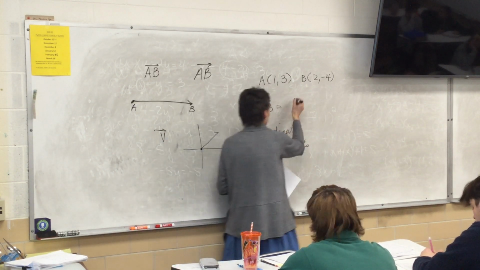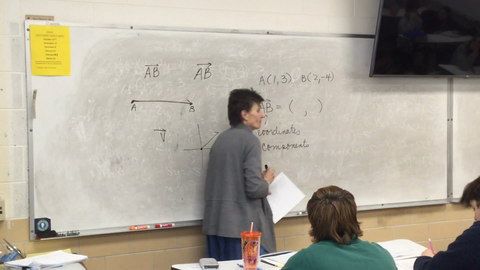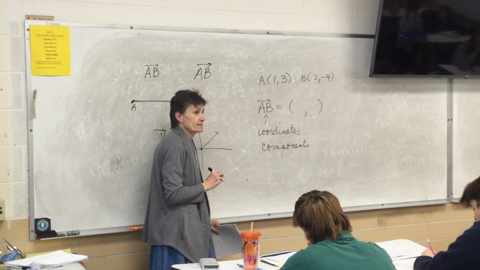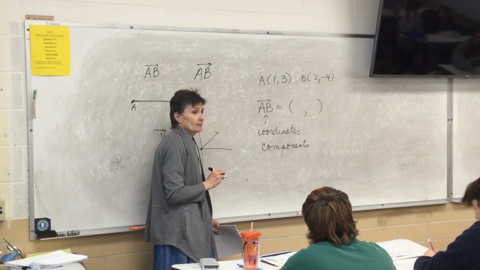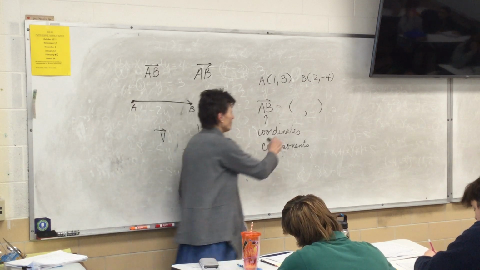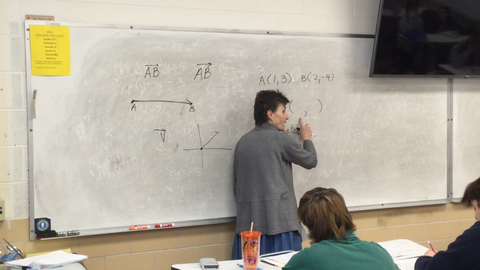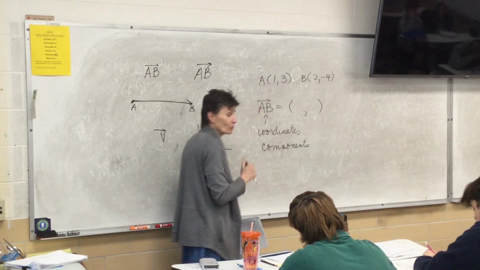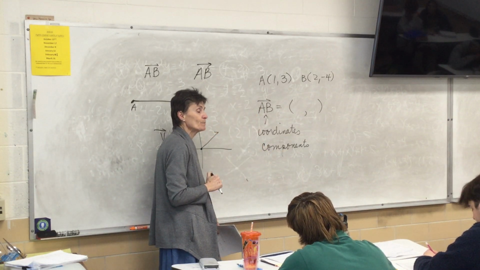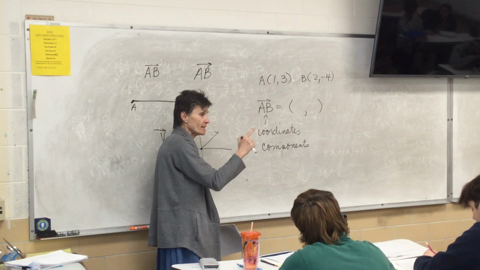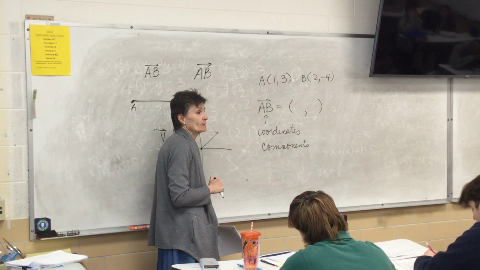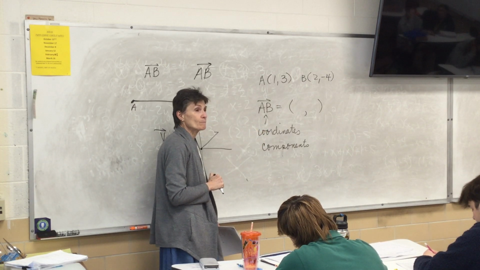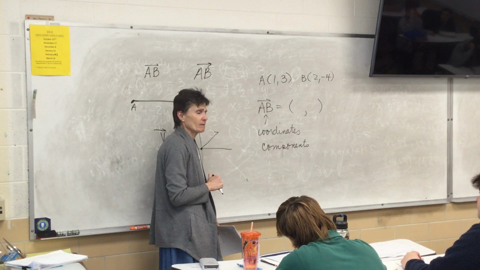So in other words, we're going to write it as a directed distance. These are the components right here, X and Y. X and Y are your components, or your coordinates, of your vector. So vector components are the X and the Y that describe the vector's movement and length.